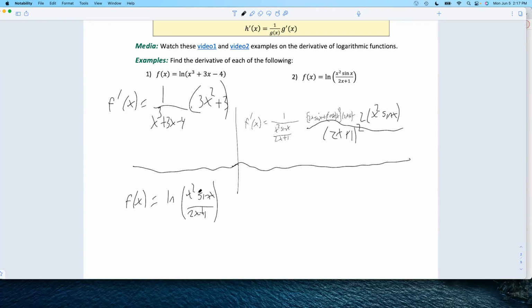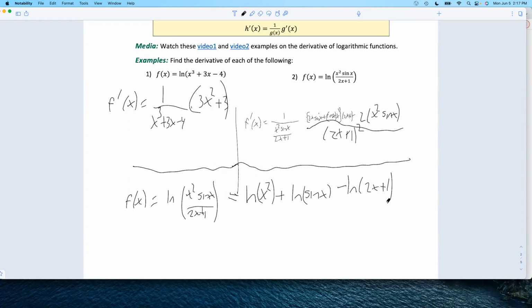When you're taking logs, multiplied inside becomes added outside. Divided inside becomes subtracted outside. So haven't taken a derivative yet. This is just algebra. I could rewrite this like this. That's just rules of logs.